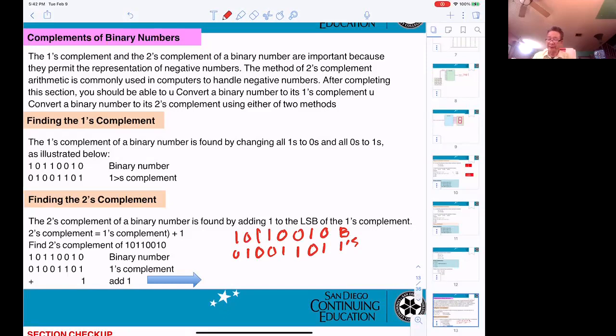So you add 1, you get the second. So 1 added to 1, you get 0. 0, 1, 1, 0, 0, 1, 0. That's easy to get a second complement.